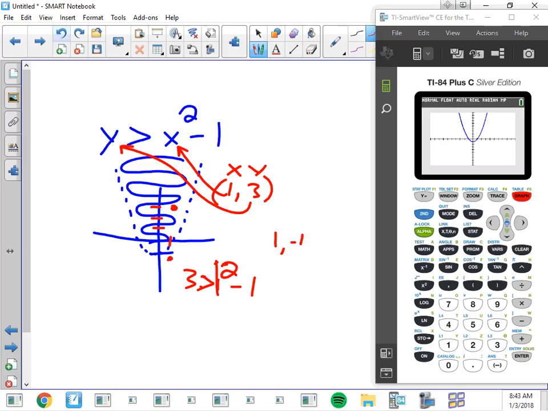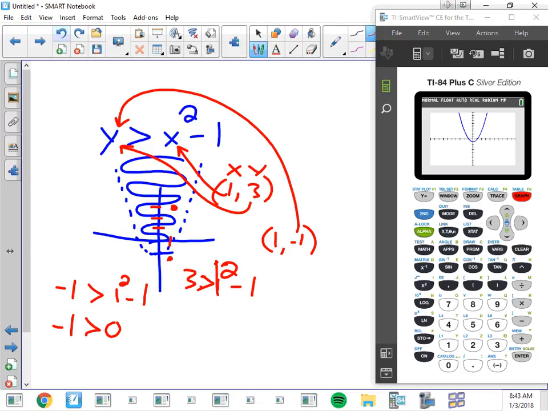Let's try the point 1, -1 right here. 1, -1. I put -1 in there. Is -1 bigger than 1 squared minus 1? So 1 squared is 1, 1 minus 1 is 0. Is -1 bigger than 0?